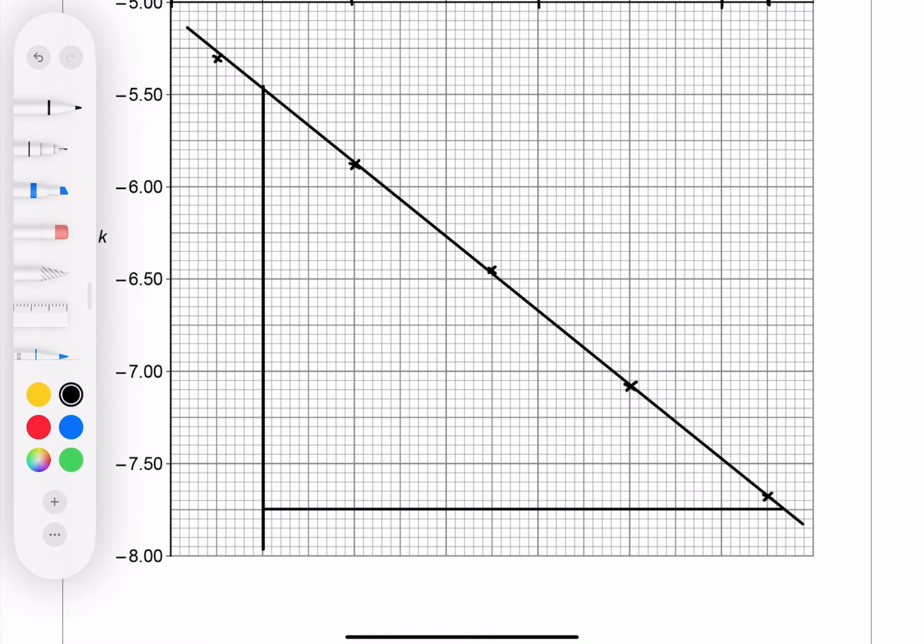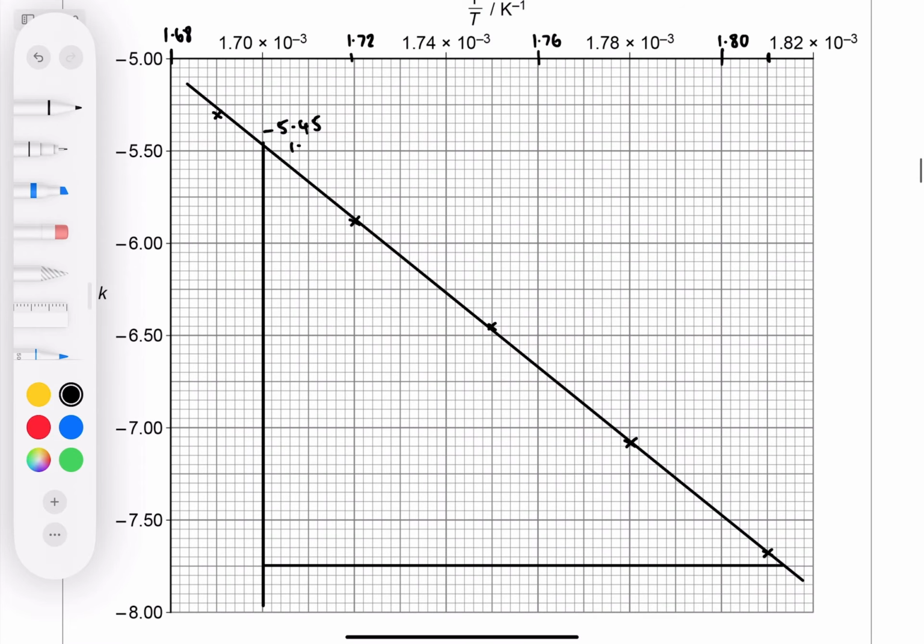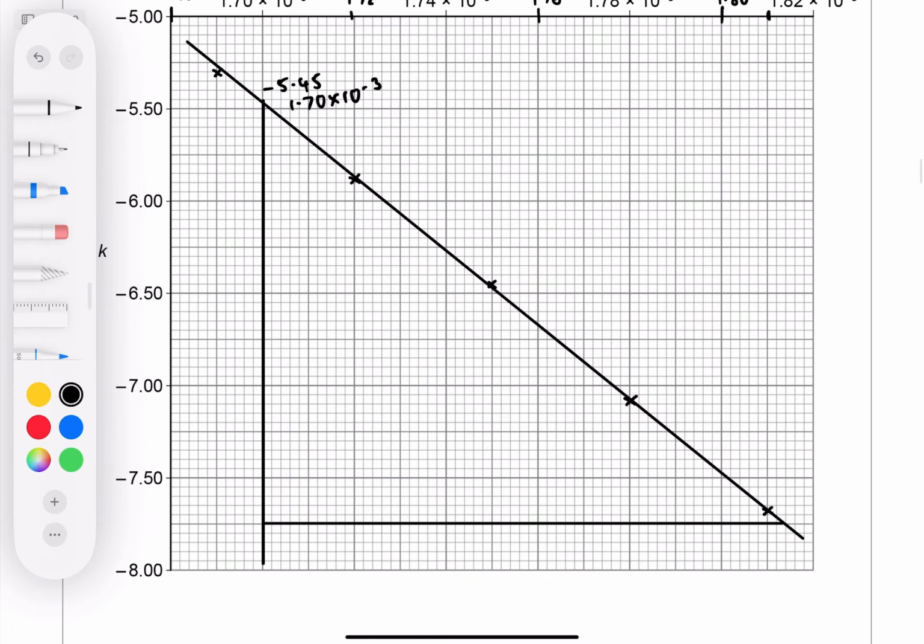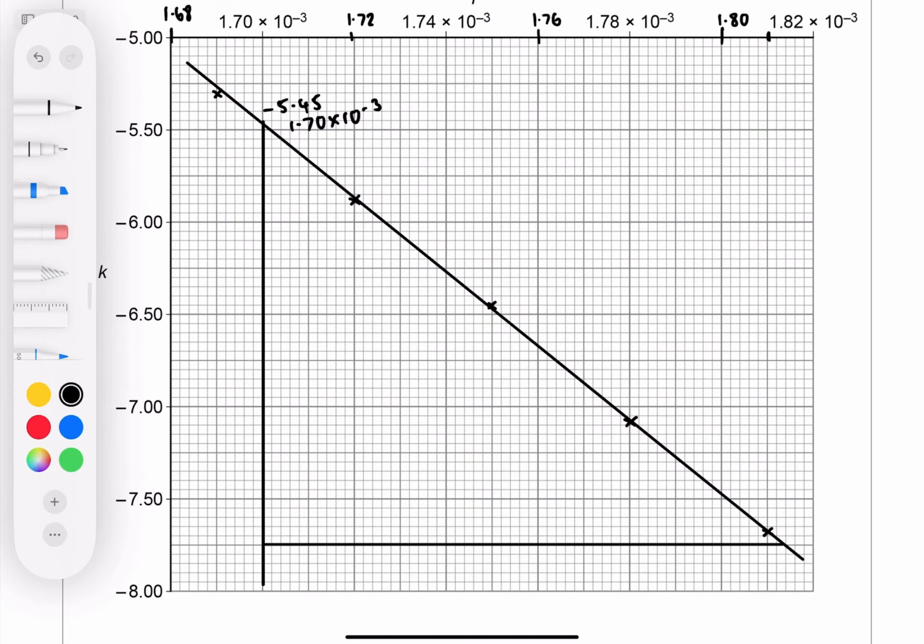So here I'm going from minus 5.45. I'll just put the coordinates here, minus 5.45 and 1.70 times 10 to the minus 3. And then we've got 1.81.